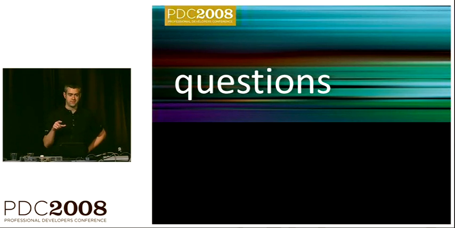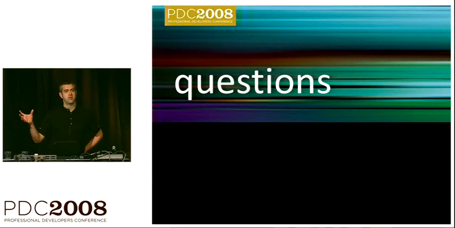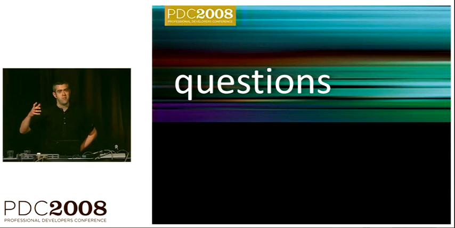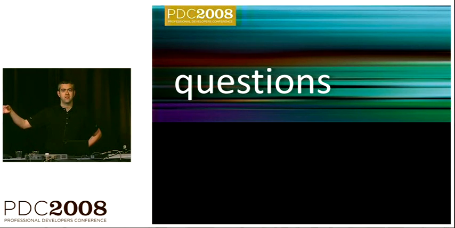So the question is, can you register for a notification? Live Mesh does have a mechanism for registering for notifications, so you can set up a notification queue for a particular feed, and you can get a notification from Live Mesh. It's going to evolve over time. This is in a pre-release state.